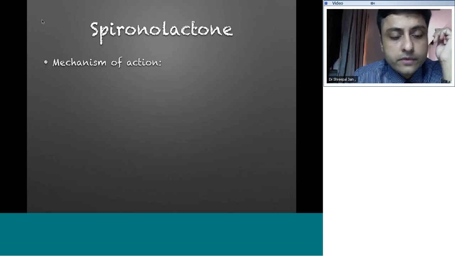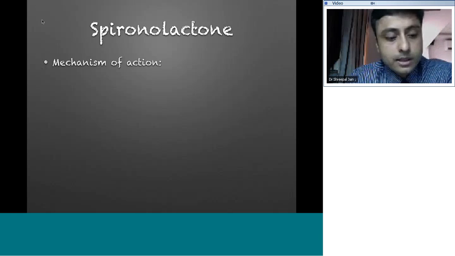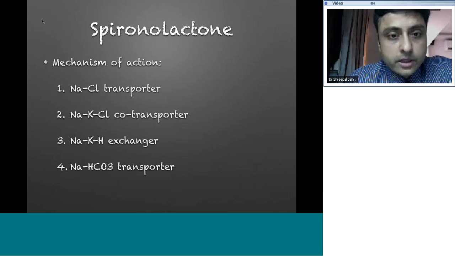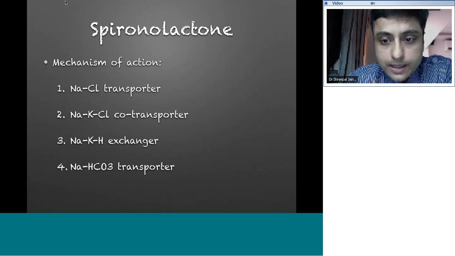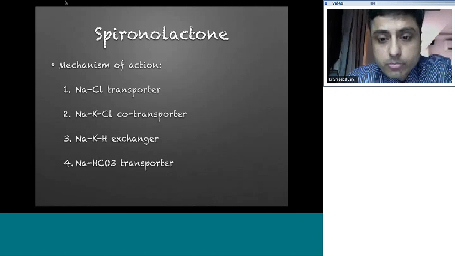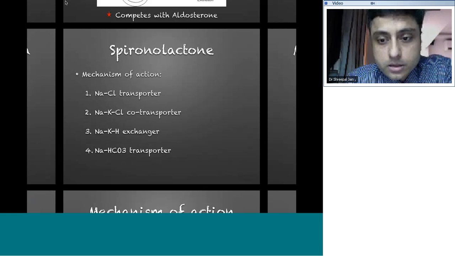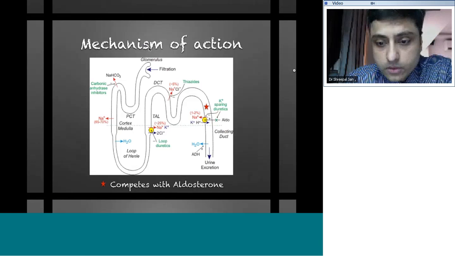Right. So you have the sodium potassium hydrogen exchanger present in the distal collecting ducts. That's why they're also labeled as potassium sparing diuretics. So the same thing we saw earlier, as you can see in the collecting duct where I have put the star. You have your sodium, potassium and hydrogen exchanger, and this is where your spironolactone or the potassium sparing diuretics act.